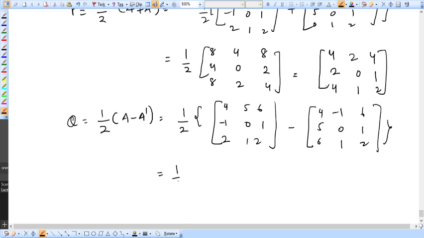So it is equal to half of 4 minus 4 is 0, and this would be 6 minus 6.